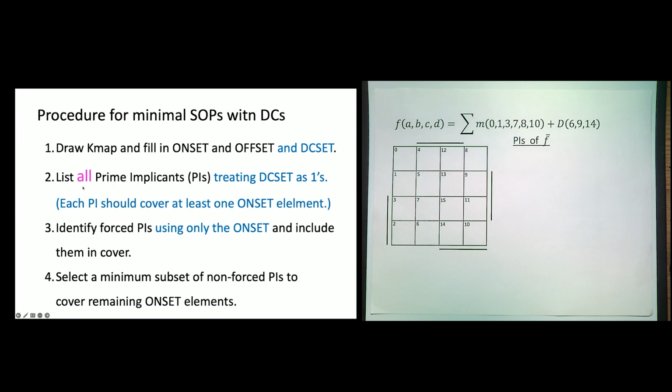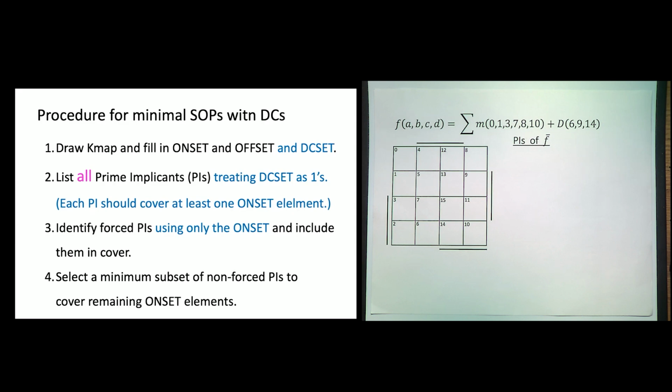We again need to list all prime implicants, but for this purpose we will treat the question marks, the don't cares, as 1s. So when we draw our rectangles, we will draw the largest possible rectangles, pretending that they are 1s. The only thing that we don't draw is a rectangle that covers only don't cares, because we'll never use that.